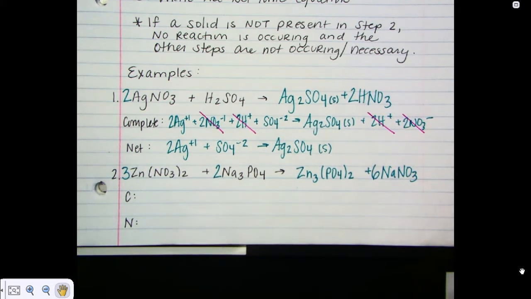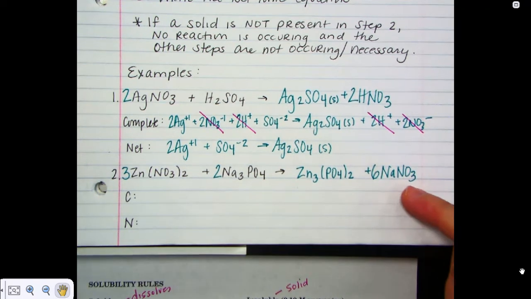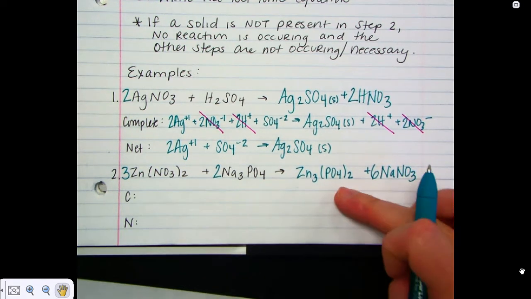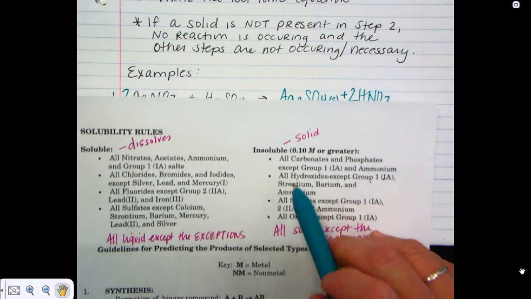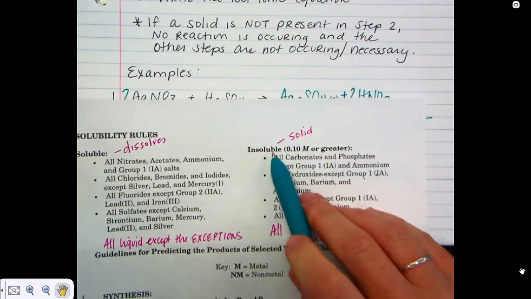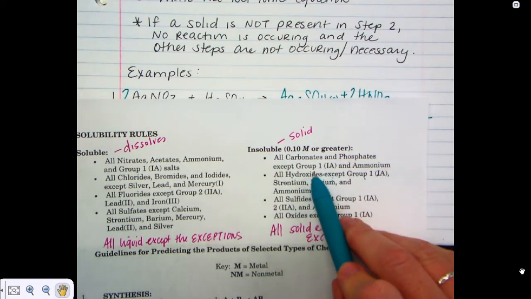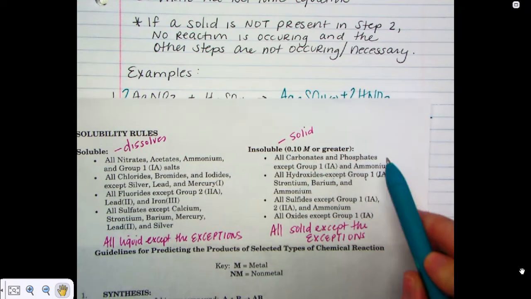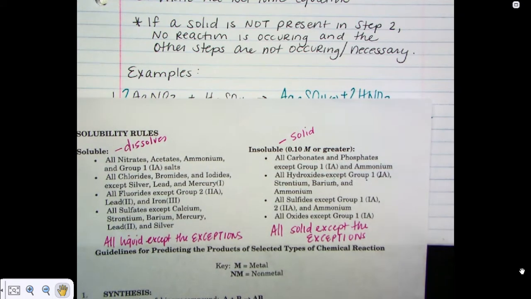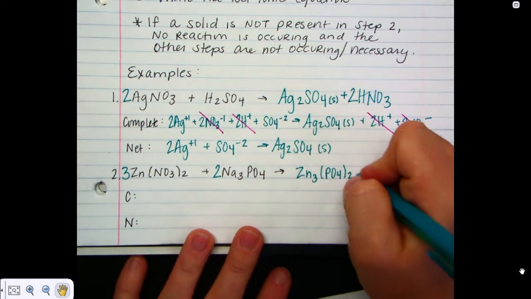Okay. All right. We know already no nitrates are ever solid, so let's just look at our phosphate. All carbonates and phosphates are insoluble except group 1, and zinc's not in group 1, and ammonia, and zinc's not ammonia. So this is my solid.